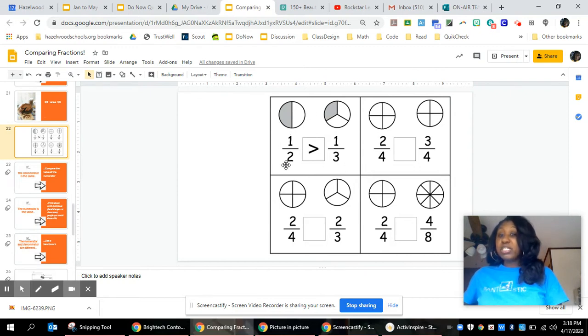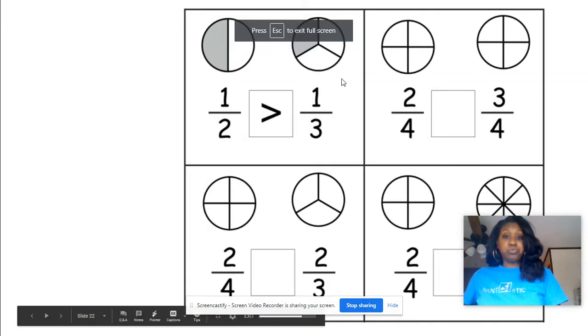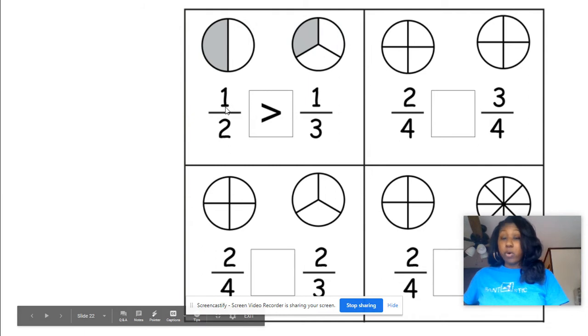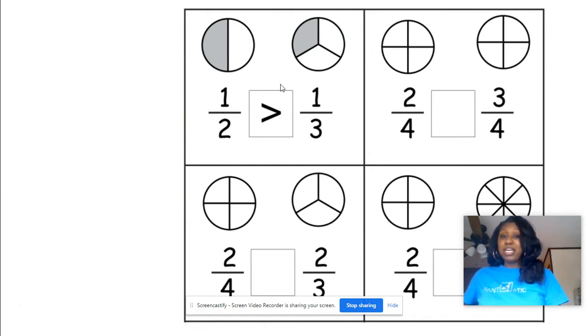Okay, I was comparing 1/2 and 1/3. And I saw that these fractions both had 1 in the numerator. They have the same numerator. So what I did is I looked down at the denominator as we talked about, and I thought about how big those pieces would be.